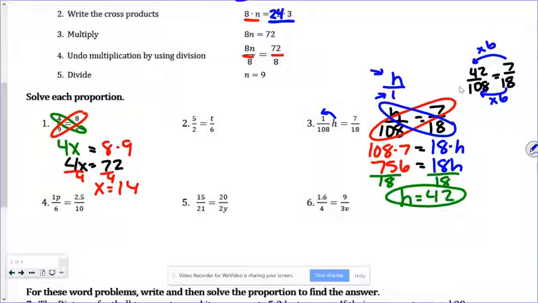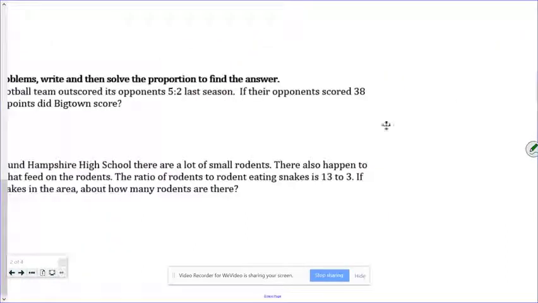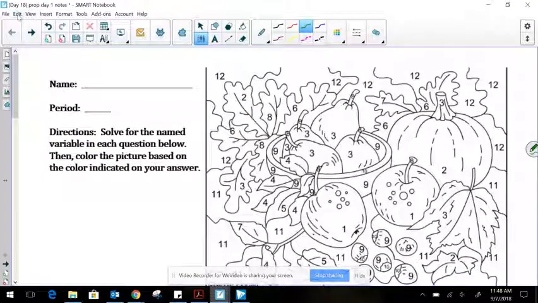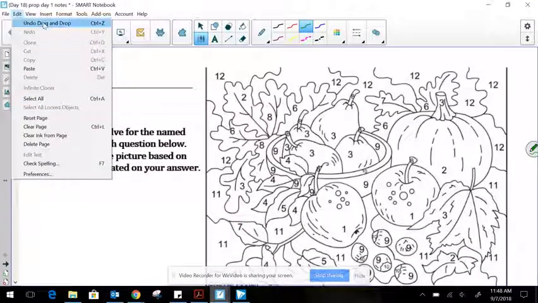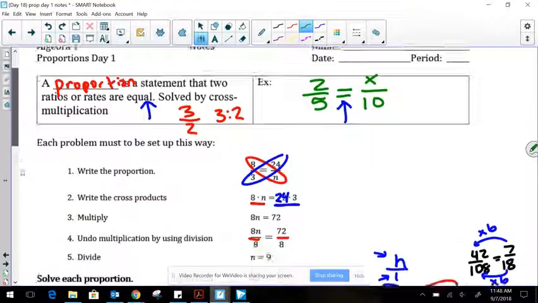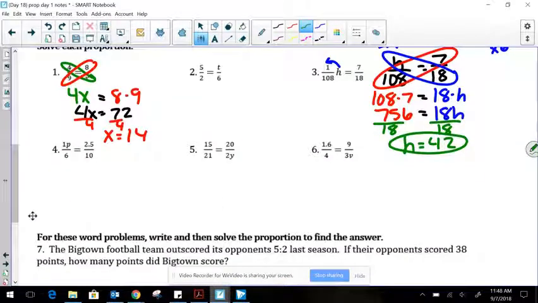All right, I'm going to do number 5 down below. So there's a y in the denominator, which normally would make us panic. We're not going to panic this time. So let me fix this. Okay, number 5. I'm still going to do cross multiplication.